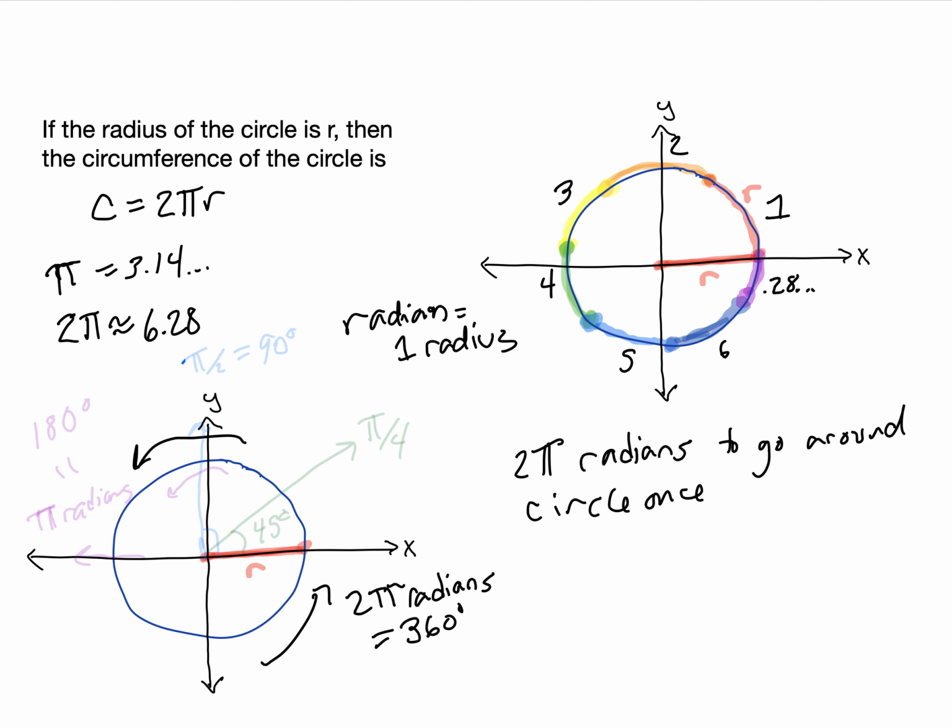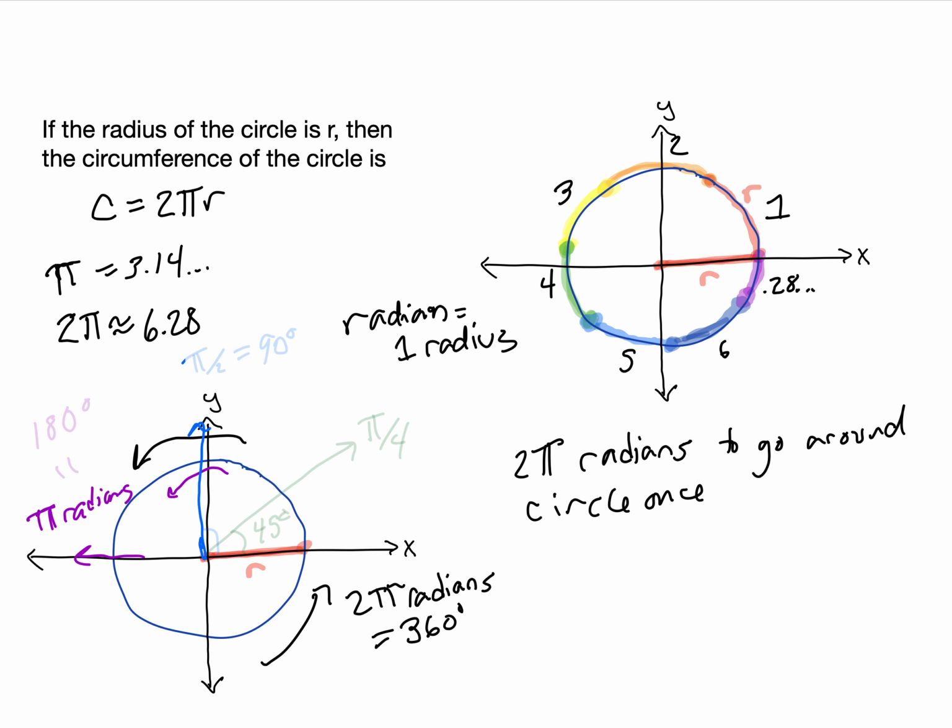Going halfway around the circle is half of 2 pi, so that would be an angle of pi radians. Going a quarter of the way around the circle would be pi over 2 radians.